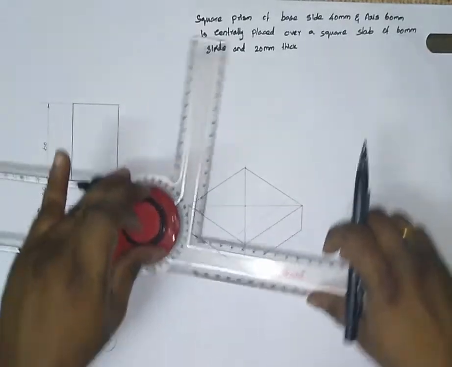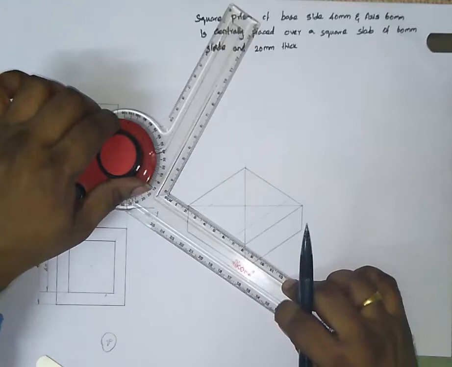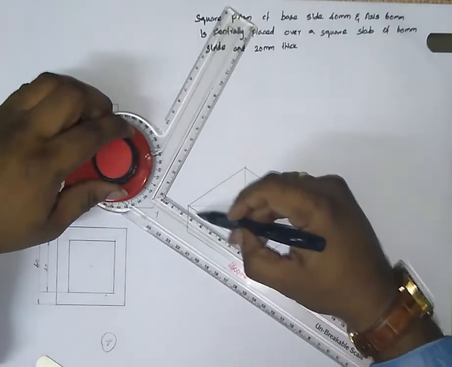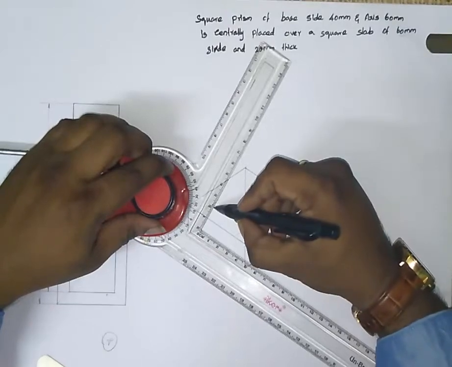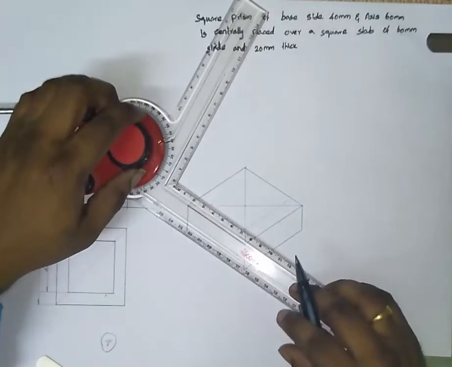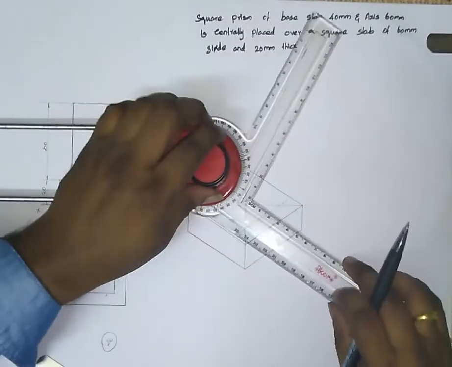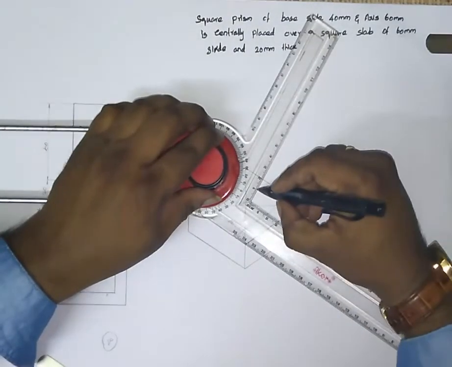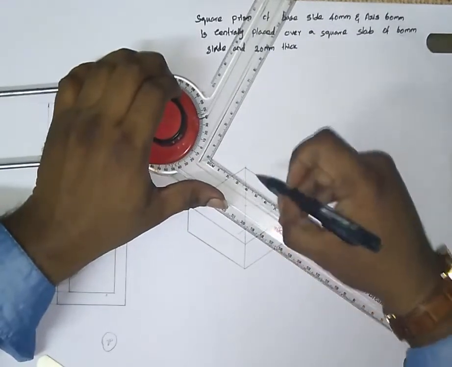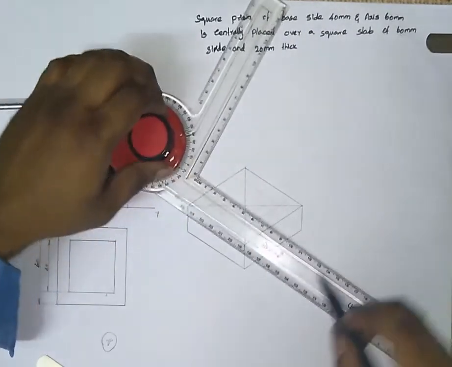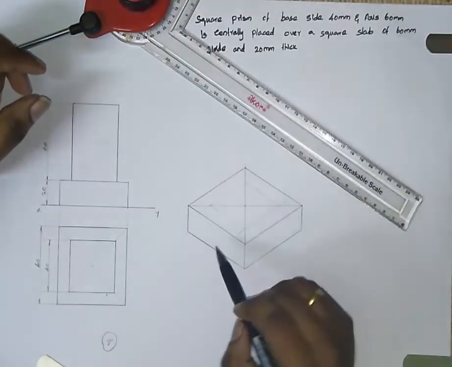Similarly, rotate your drafter like this and parallel to this line at a distance of 10 mm, draw a line like this. Similarly, from this point at a distance of 10 mm, draw a line like this. So now this is the base of your square prism.